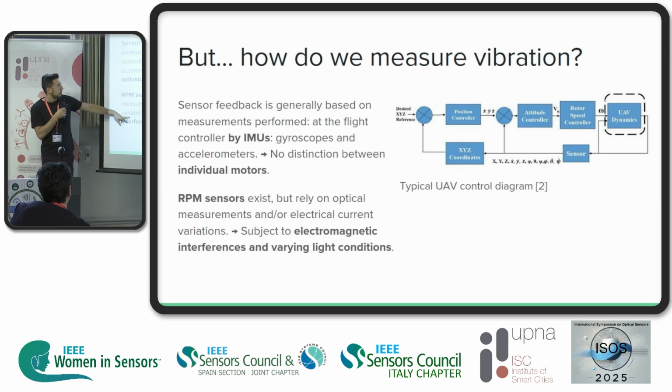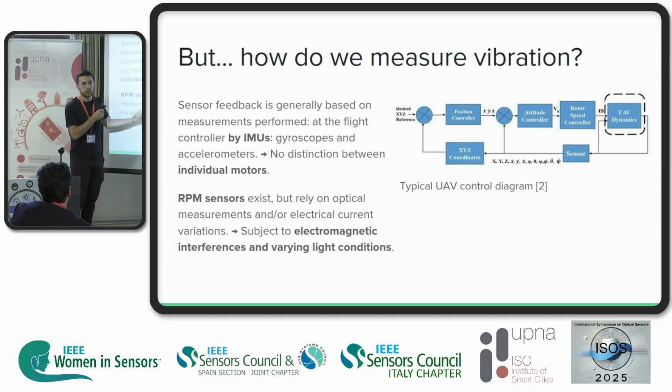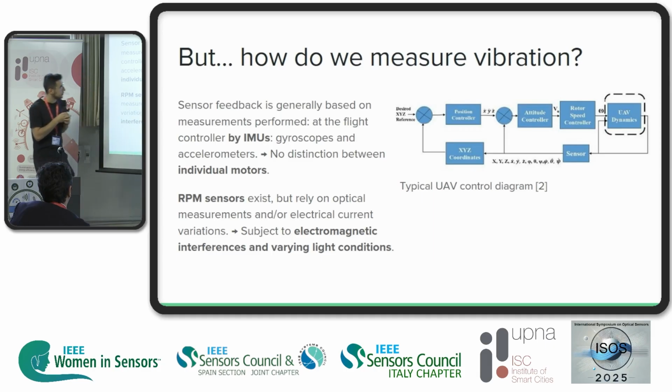Or we rely on electrical current variations, so we are measuring the change of the electrical current applied to the motor. As you can imagine, those types of measurements are very subject to electromagnetic interferences and varying light conditions. We cannot always perform good measurements of that.